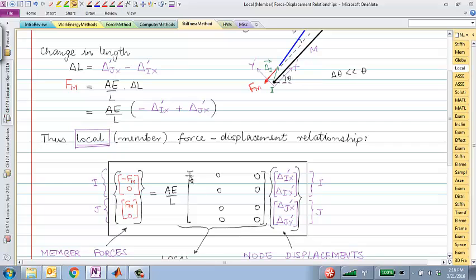Because if I take that row and multiply it with that column, then this zero multiplies this guy, this zero multiplies this y prime, right? And how about Ix? What should be here? Looking at this relationship up here, what should I put here?